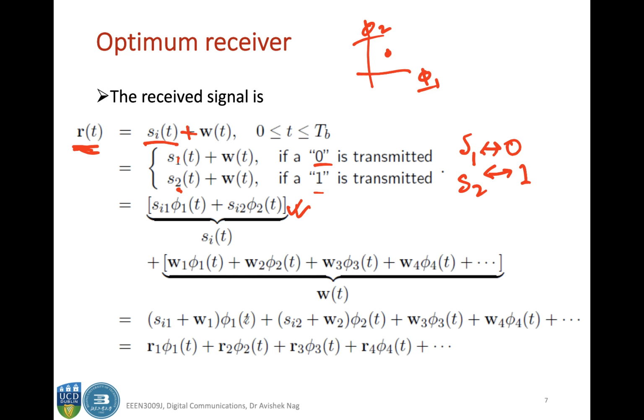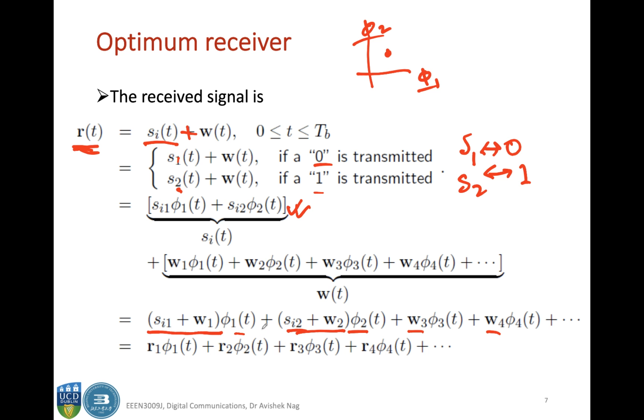Now if you collect the similar coefficients, the first term will be (s_i1 plus w1) times phi1(t). The second term will be (s_i2 plus w2) times phi2(t). And from the third term onwards, you have just the noise: w3 times phi3(t), w4 times phi4(t), up to infinity.